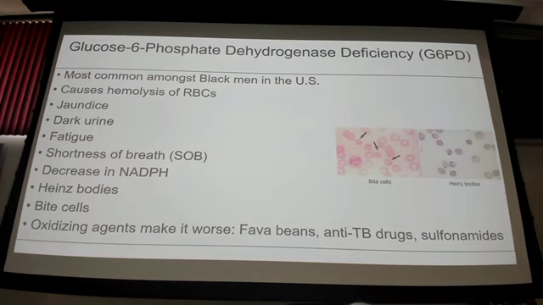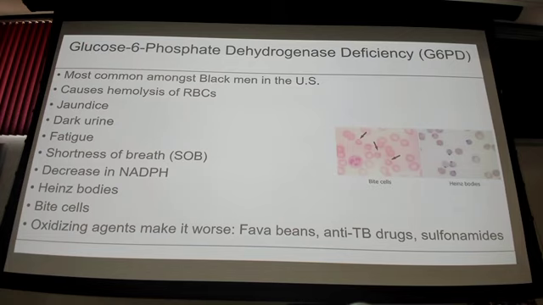It's rare, but it's also the most common enzyme deficiency that causes anemia, which is kind of weird. It is X-linked, and it can affect a person's ability to exercise. Does that answer the question? Yes, sir. Any other questions?